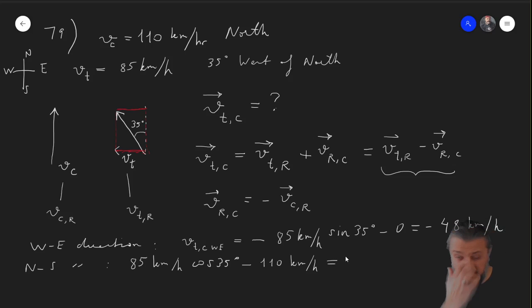So 85 cosine 35 minus 110 is negative 40.37, let's say 40.4 kilometers per hour.